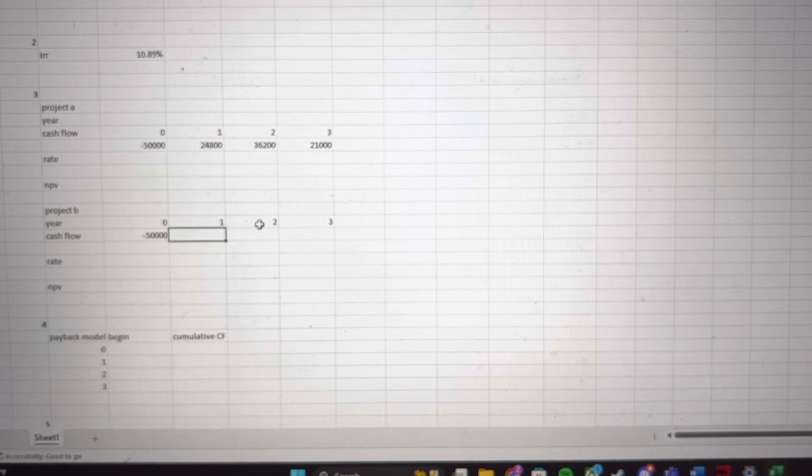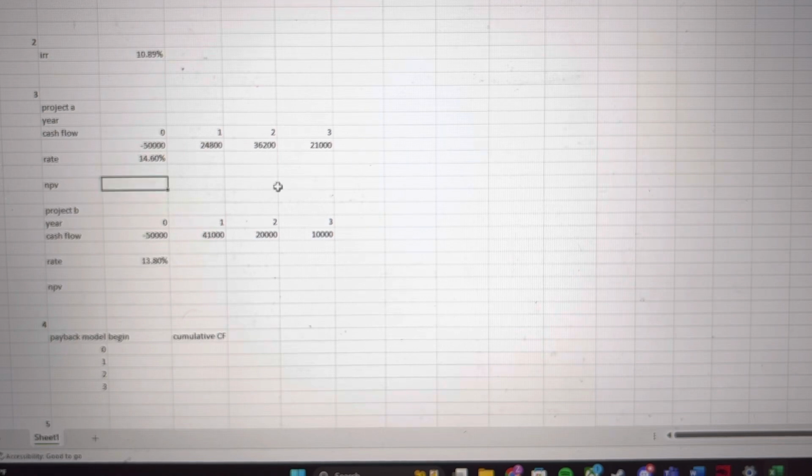For project B, it's $41,000, $20,000, and $10,000. The rate for project A is 14.6%, and for project B, it's 13.8%.